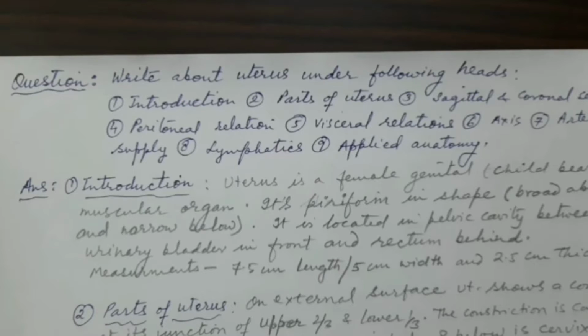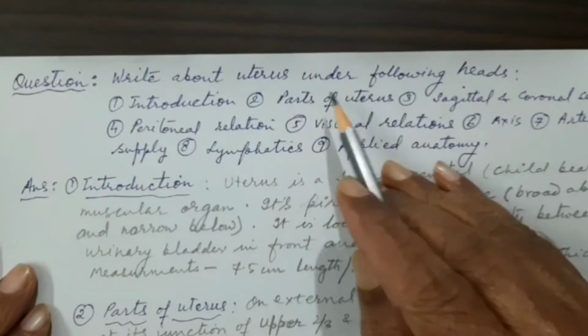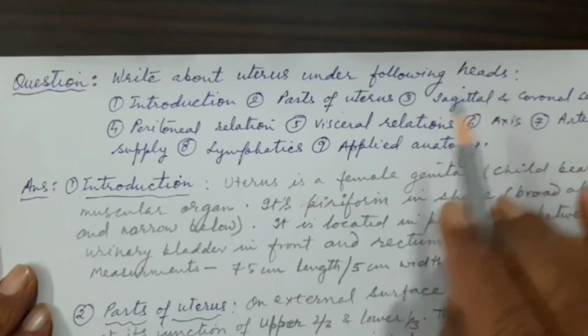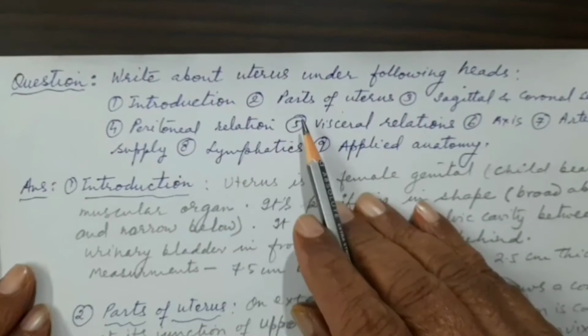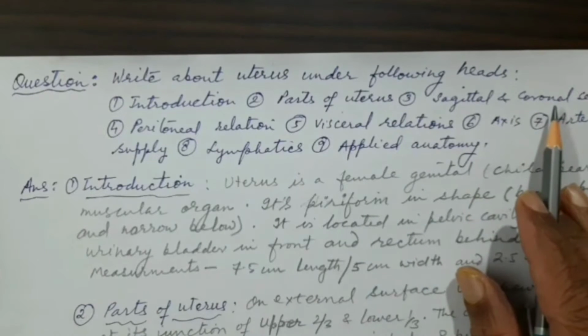The question is: write about the uterus under the following heads: introduction of the uterus, parts of the uterus, sagittal and coronal section.